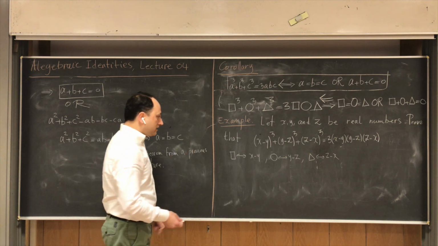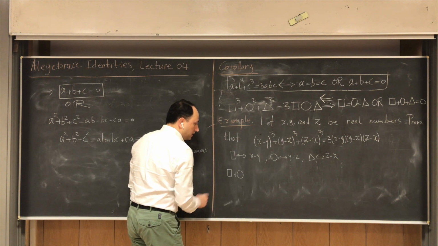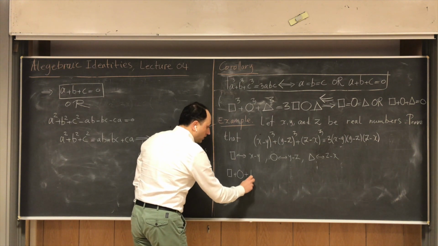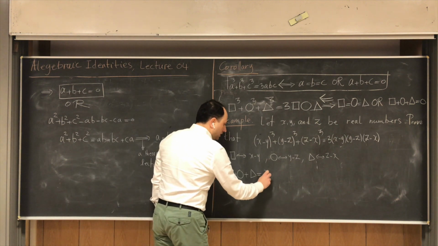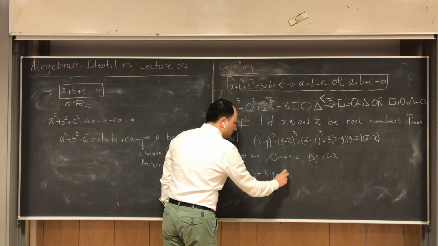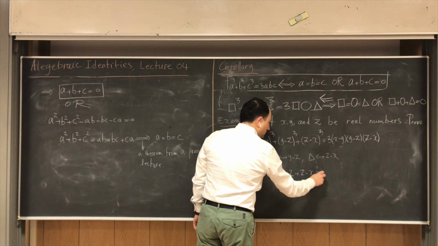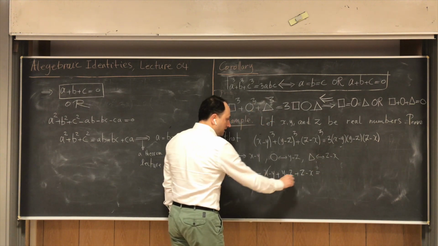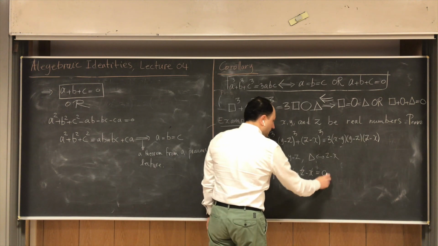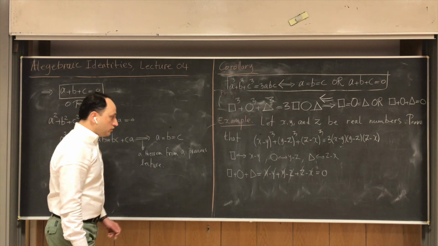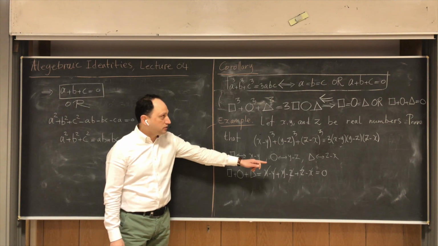Now let me ask you one thing. If I add the contents of the box, circle and triangle, what will happen? The box is x minus y, plus the circle y minus z, plus z minus x. You immediately see that this x and that x are cancelled, this y and that y are cancelled, and the same here. So you will get 0. So box plus circle plus triangle is indeed 0.